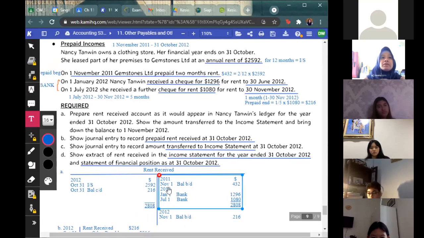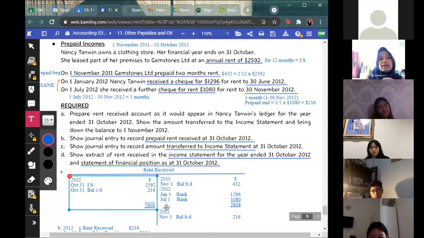To draw the rent receipt account, it will look like this because you have information on prepaid beginning. So we start on the credit side, November 1st, 2011, balance BD 432, just like what we calculated. And then we put the bank information, 2 of them, on 1 January and 1 July.